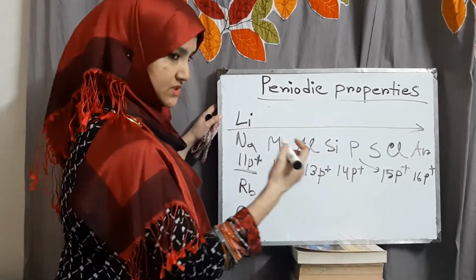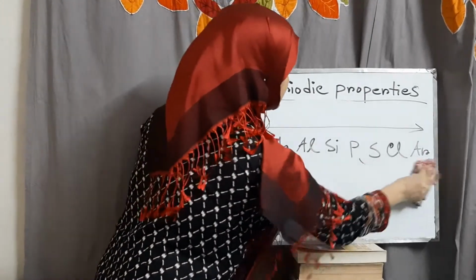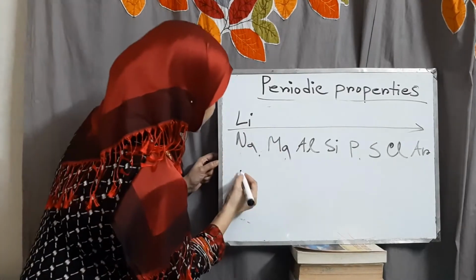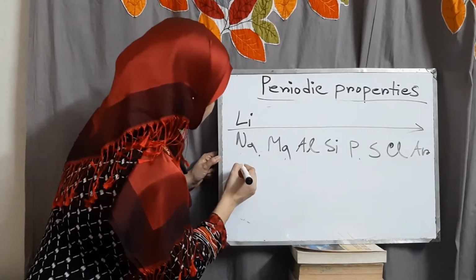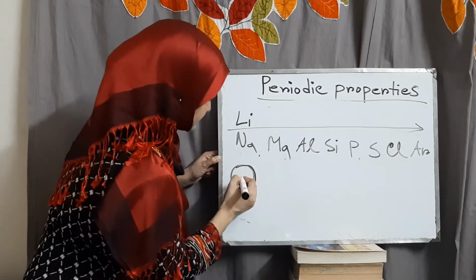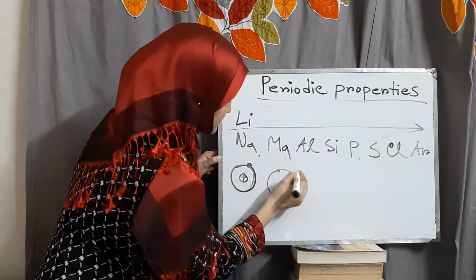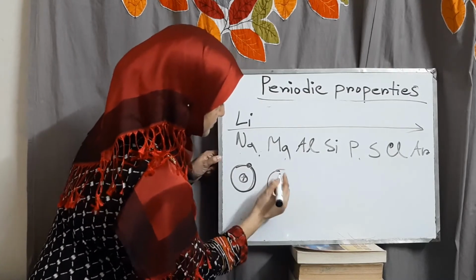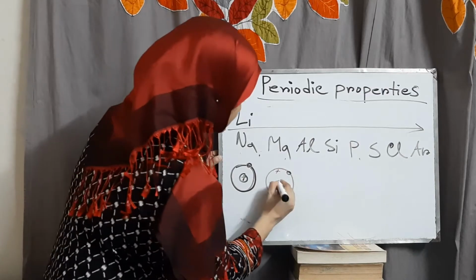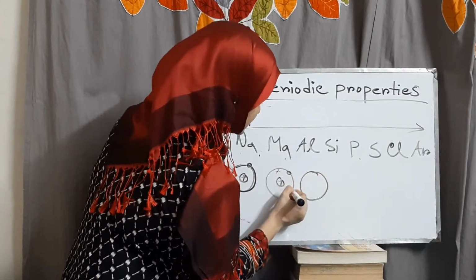Let's draw a picture. It will be more clear. Okay, for sodium we draw only the outermost shell. Okay, 1. This is 2.